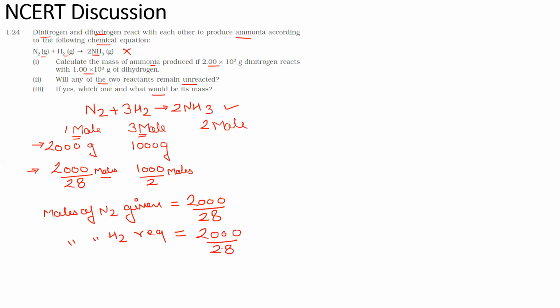Every mole of dinitrogen requires 3 moles of dihydrogen. So these many moles of N2 will require these many moles into 3. So these are the required moles of H2, and this is going to be equal to 214.3 moles. Okay guys, this is the required moles.